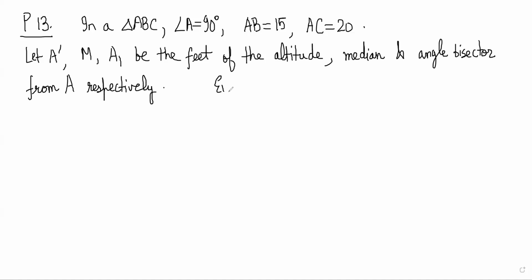You have to evaluate BC square divided by MA dash multiplied by MA1. You have to find the value of this.